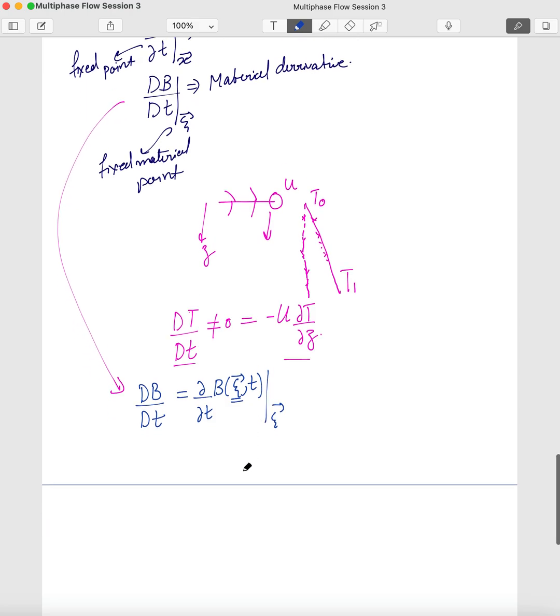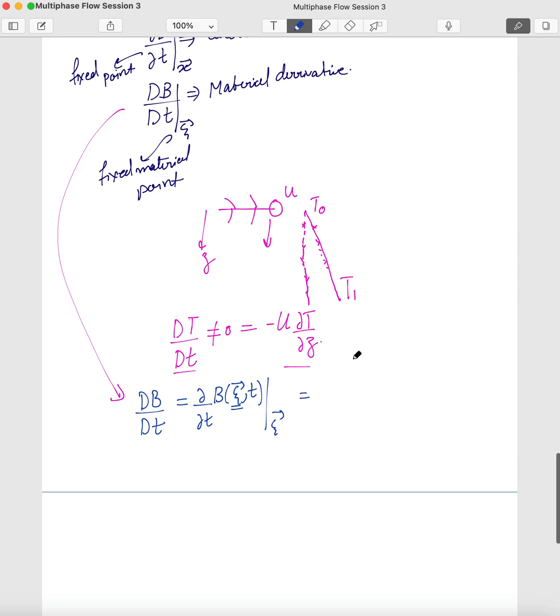Okay, now we know that zeta is a function of, okay.